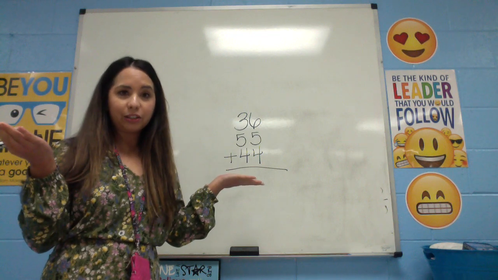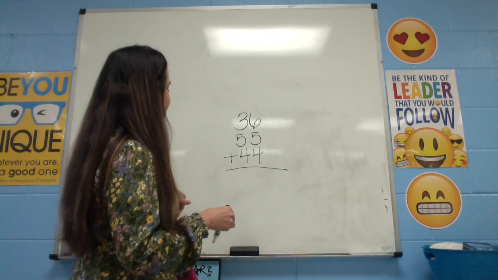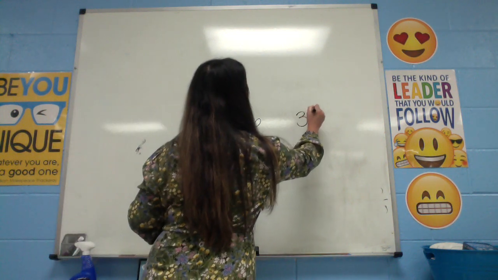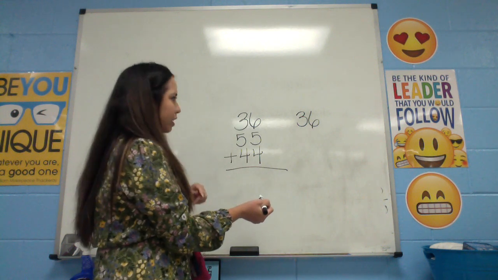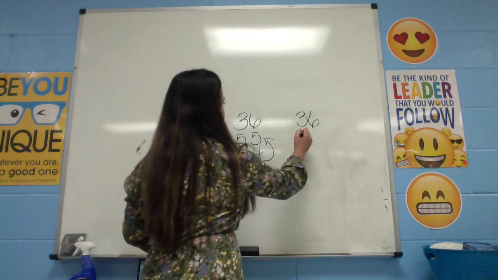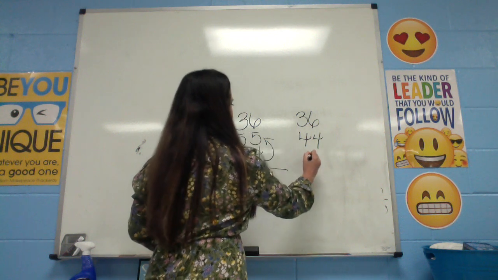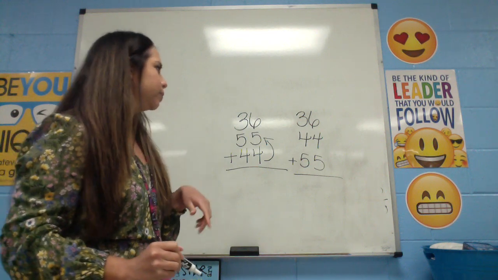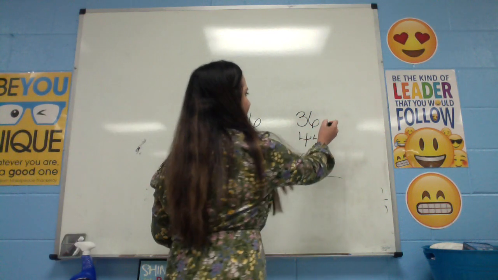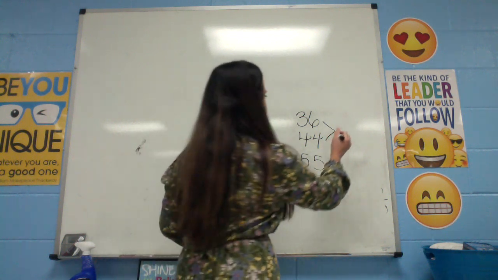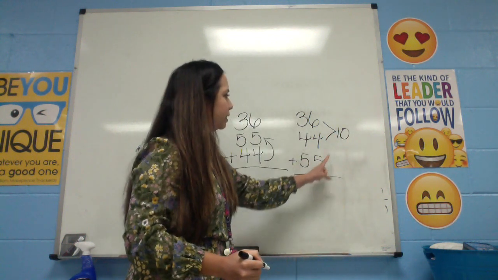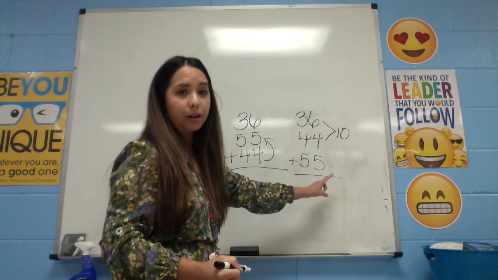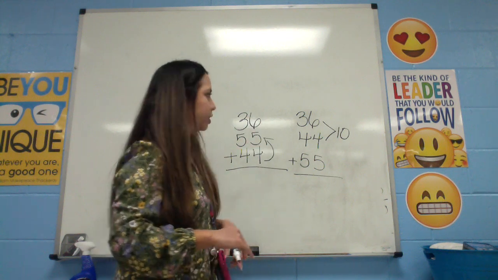Okay, to make things easier, I know that if I flip 55 and 44, like this, so I just move 44 right here and put 55 down here, it makes adding a little bit easier because when I add the ones place, I know that 6 plus 4 is 10, plus 5 ones right here is 15 ones. I definitely have to regroup because when you have 10 or more, you have to regroup.